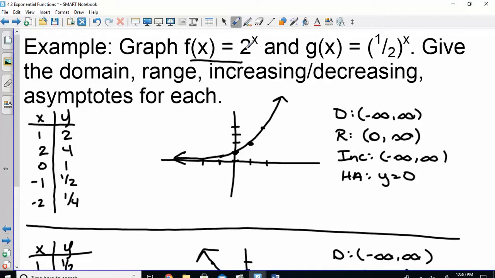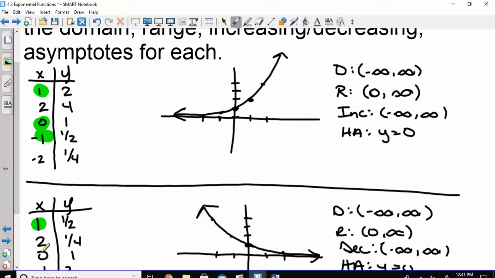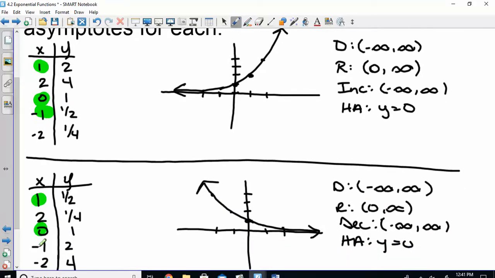In general, if we only needed 3 points, all you have to plug in are -1, 0, and 1. Then you know that it's always increasing or decreasing. You know you have the asymptote. So those 3 points would give you everything that you needed.